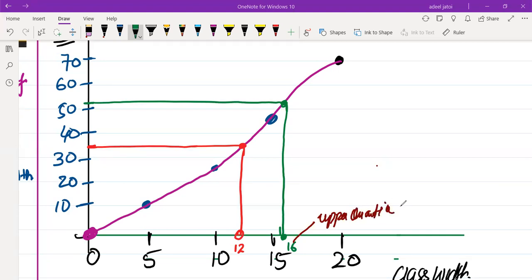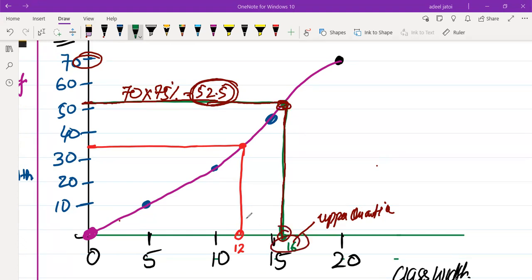That means your 52.5 came from the total cumulative frequency of 70 times 75%. Each time you take out the upper quartile, the percentage is 75%. Then you got 52.5. This 52.5 is the cumulative frequency. We'll draw the line from here to the cumulative frequency curve, and drop down to your x-axis, which represents the class width.